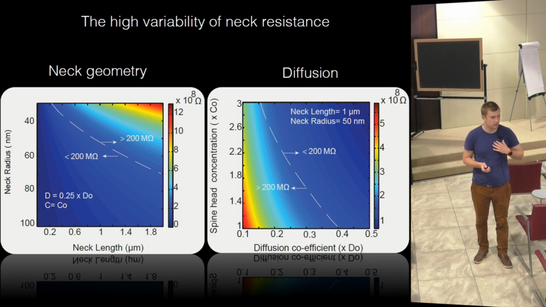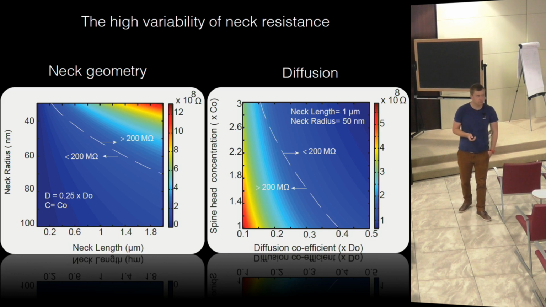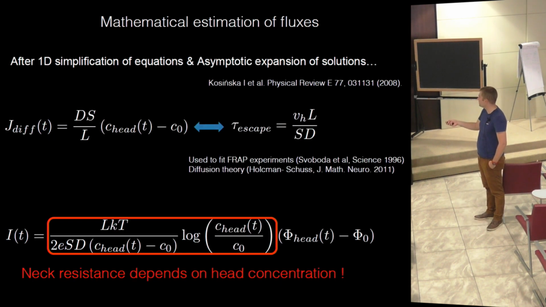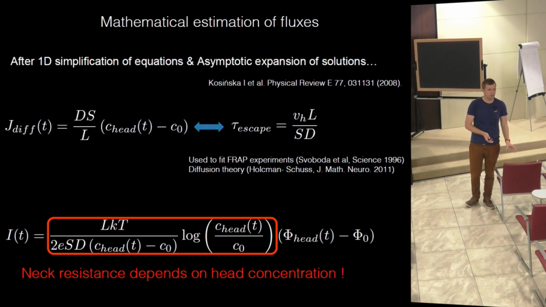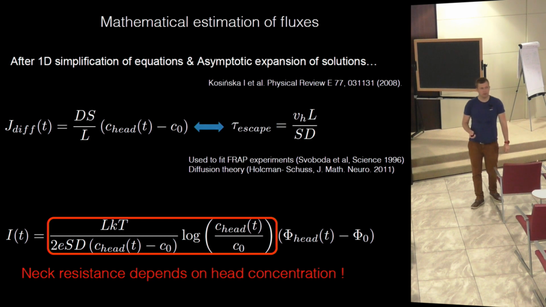Can you explain how you obtained those curves? For example, you injected different currents? Oh no, this is just a plot of this relation. You just plotted this? Yes. What I did is that either I fixed the geometrical component, the cross section and the length, and then varied the other component, the concentration or the diffusion constant, or I fixed the diffusion and the concentration and varied the geometry.